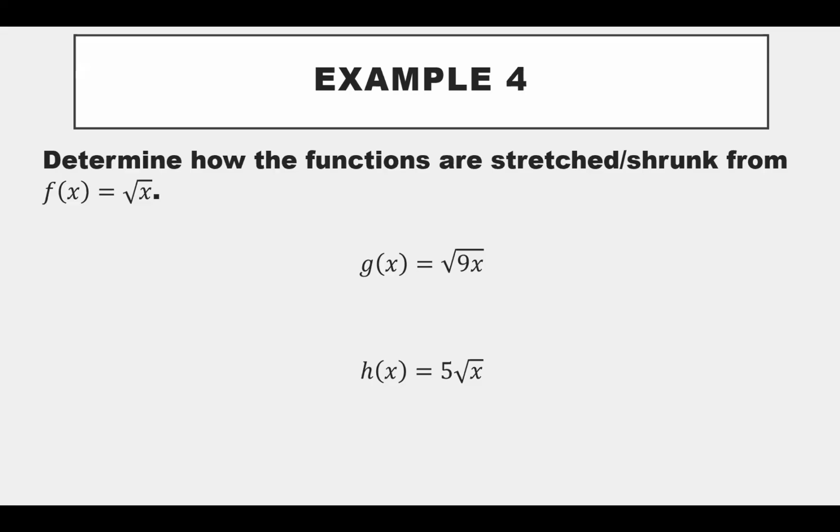So our base function, once again, is f of x equals square root of x. How is g of x stretched or shrunk from that? How is h of x stretched or shrunk from the f of x? Push pause on the video if you'd like to try it on your own.